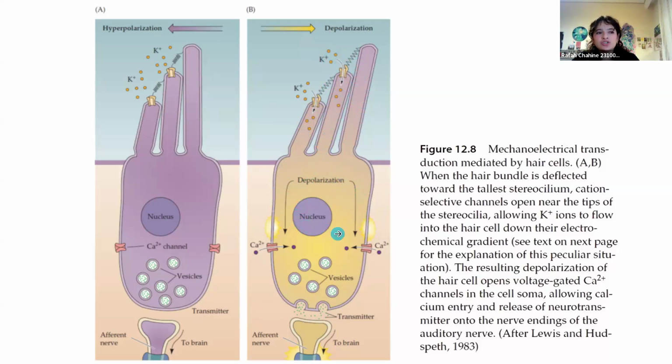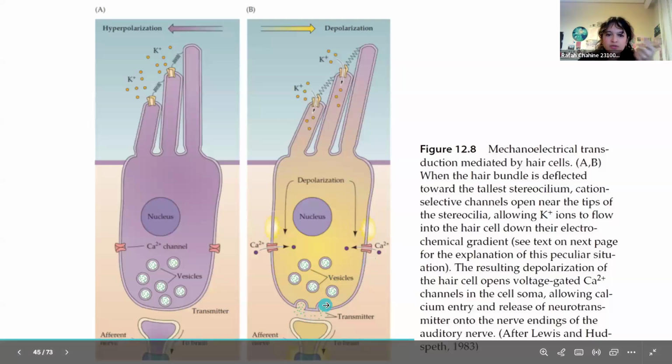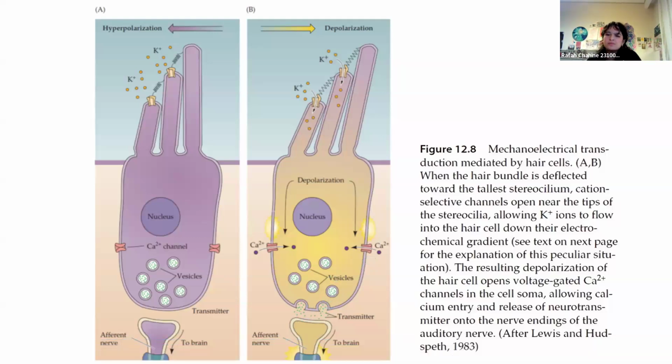This depolarization will open calcium channels, that will cause a calcium influx, and that will go to, for example, the Golgi apparatus or the endoplasmic reticulum, and start increasing the release of vesicles that contain neurotransmitters such as glutamate, okay? But then this glutamate is going to go and stimulate the spiral ganglion, then it's going to transmit electrical signals to the vestibulocochlear nerve, but then that will go to the rest of the CNS, and we're going to talk about that later on.